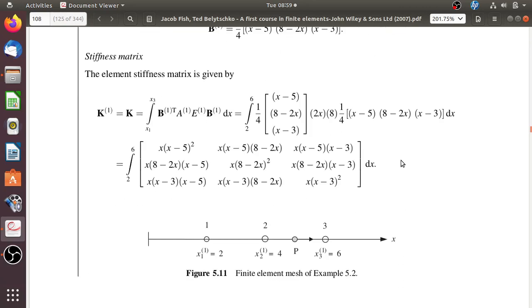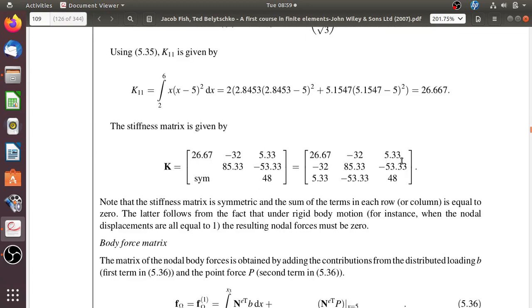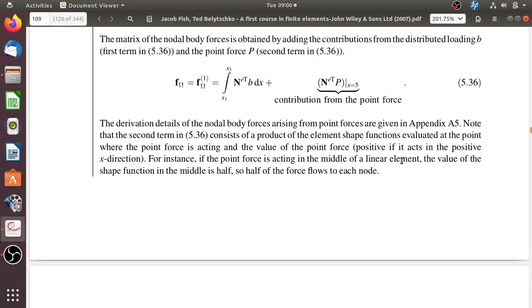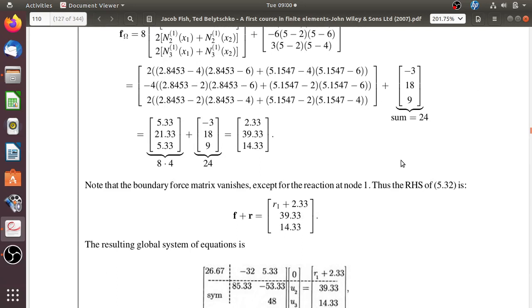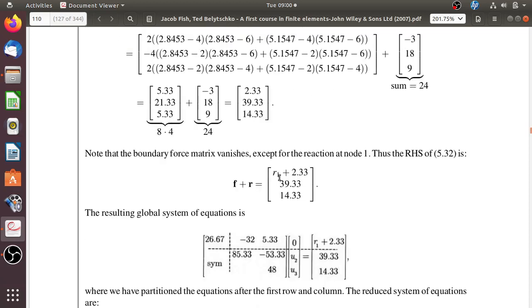Therefore I don't have to worry about the surface force. And finally this is my total externally applied force, but at node 1 we have an additional boundary condition, therefore we do not know the exact force applied at that point. So we introduce that uncertainty by introducing this R1.